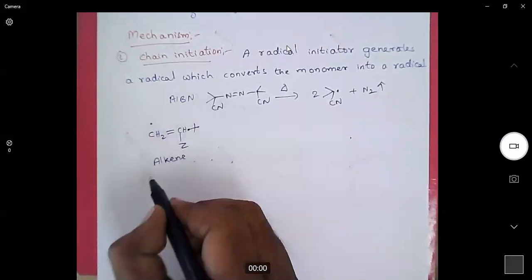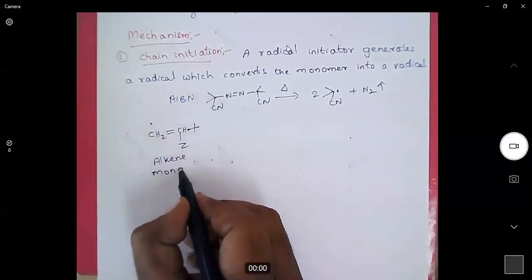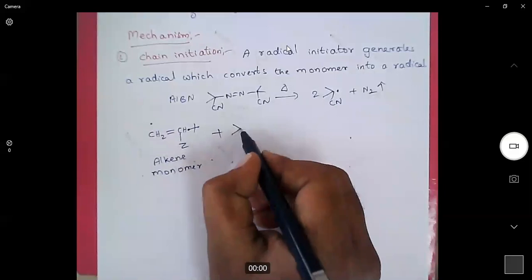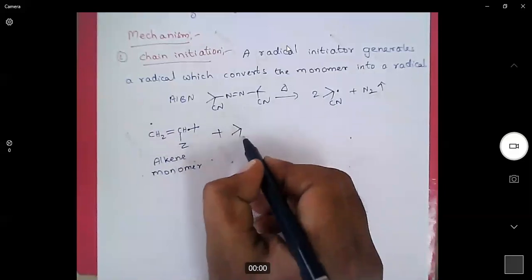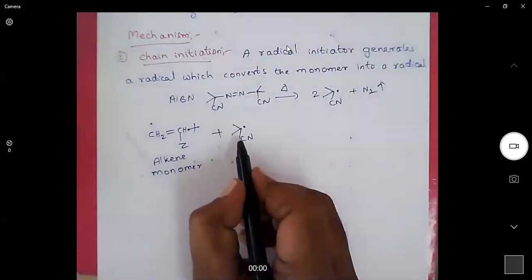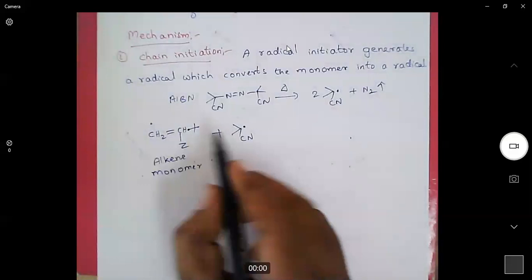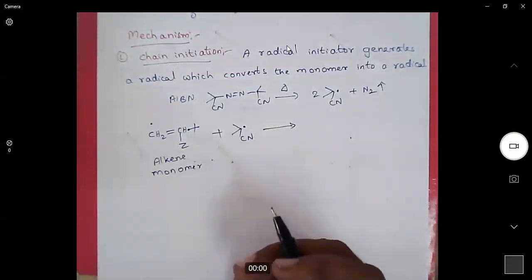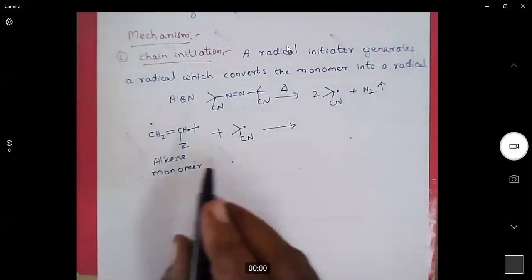Now this radical molecule reacts with the monomer and generates the monomer radical. How will it react?